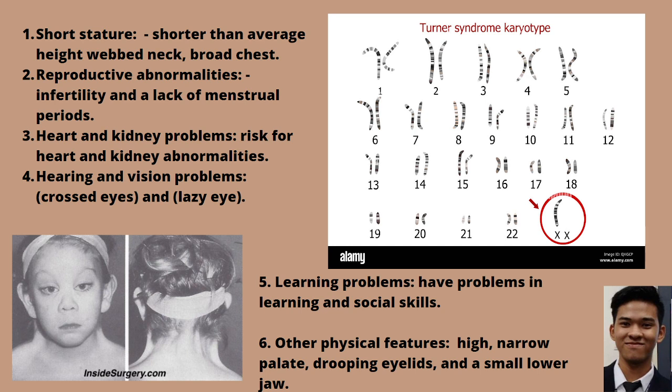Some individuals with Turner syndrome may have learning difficulties, particularly in maths and spatial skills. They may also have problems with attention and social skills. And lastly, other physical features that may be present in Turner syndrome include a high narrow palate, drooping eyelids, and a small lower jaw.